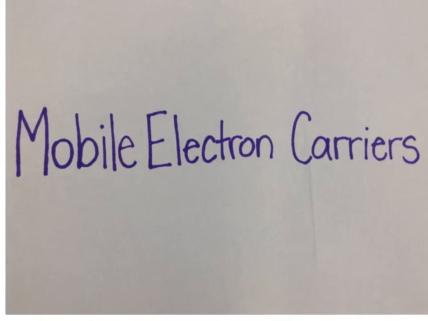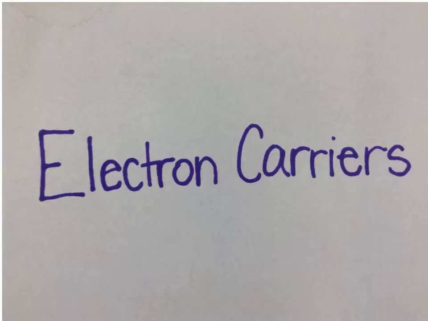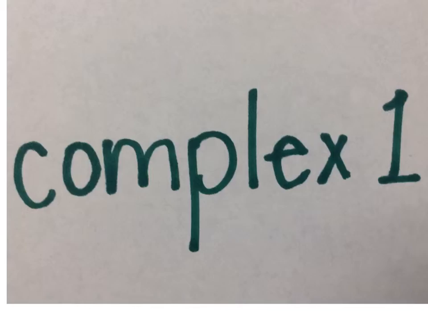Another important term is mobile electron carriers. These mobile electron carriers carry the electrons through each protein in a mitochondrial membrane. The electron carriers are ubiquinone and cytochrome C, and they carry electrons through the oxidation of glucose. There are 7 major components of the ETC. One of them is complex 1, which is NADH dehydrogenase.